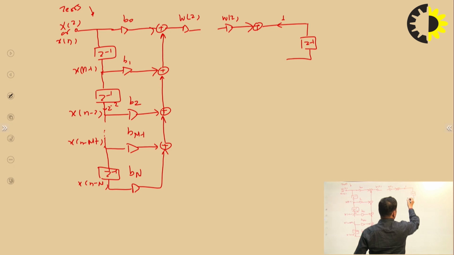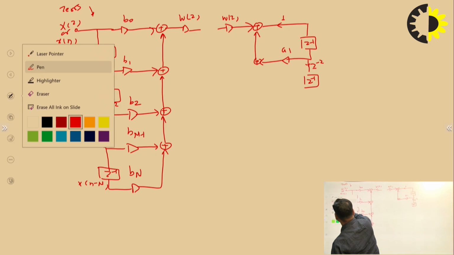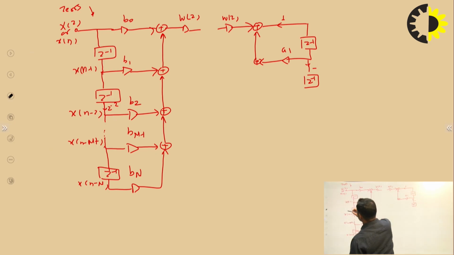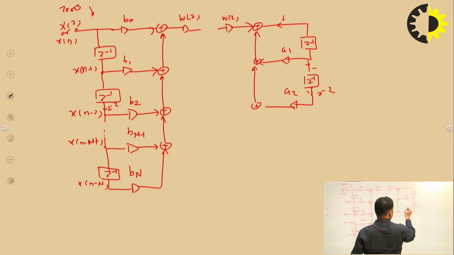So we can derive here z inverse with a1, it is going to add here, then a2 z raised to power minus 2. Here we will get z raised to power minus 2 multiplied with the multiplier a2, and so on.